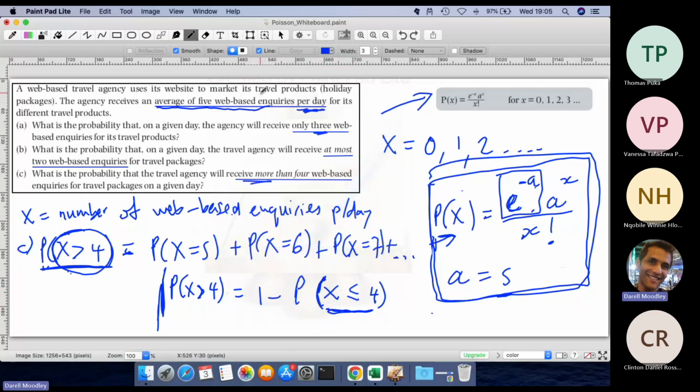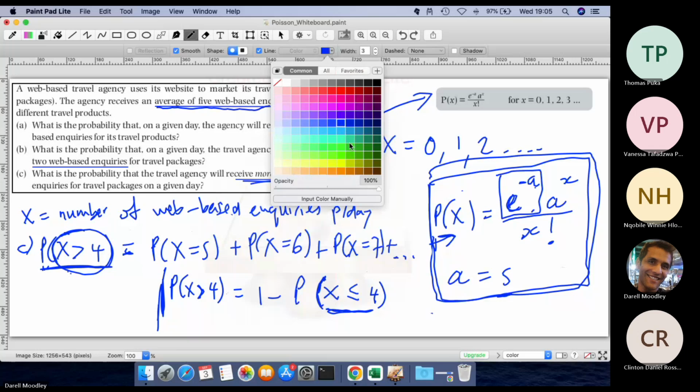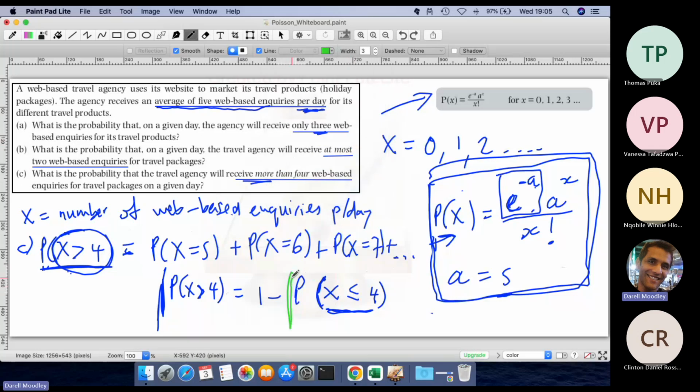Because if I just highlight what I'm talking about in green here, just this part, it's doable. You can work this out.